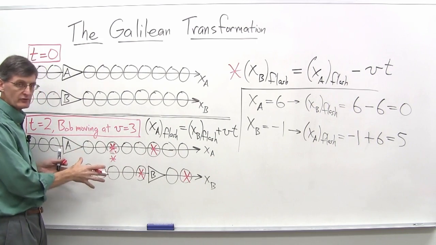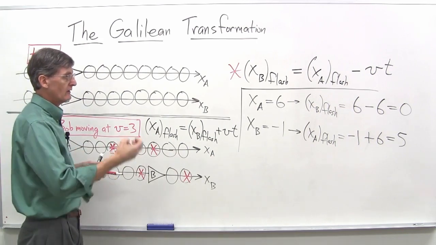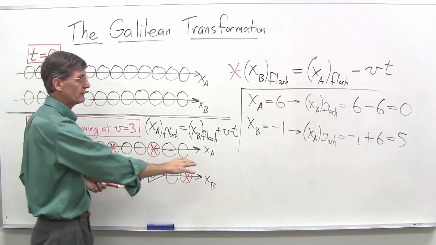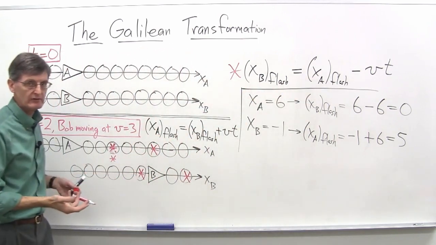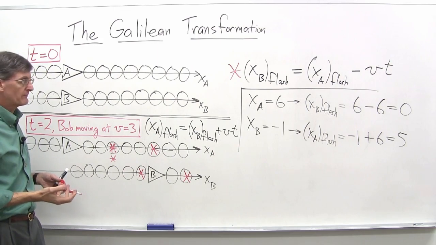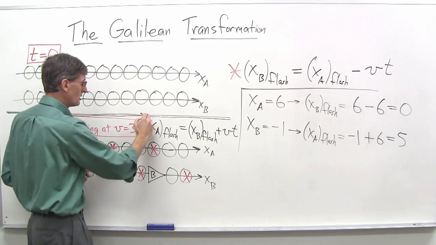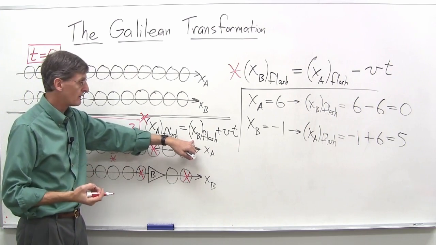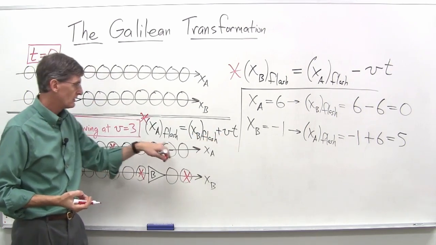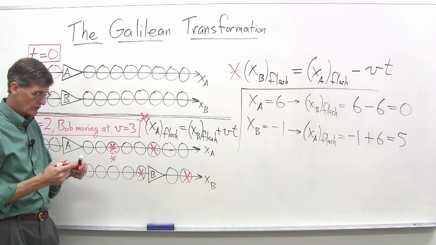Given that situation, we can say, okay, if I have something in Alice's perspective and I need Bob's location, this is the equation. I subtract VT from Alice's location. Or, here's the other one right here, if I'm given something from Bob's perspective, his frame of reference, I add VT to get Alice's location of that.